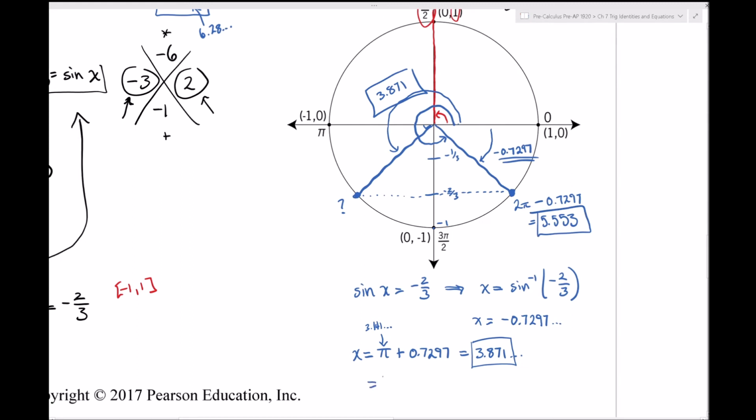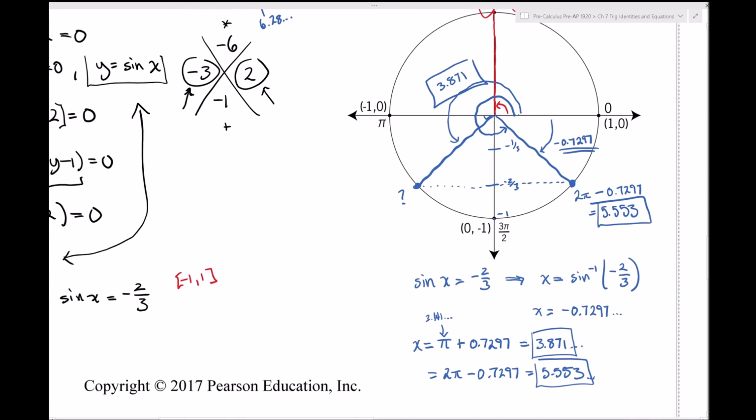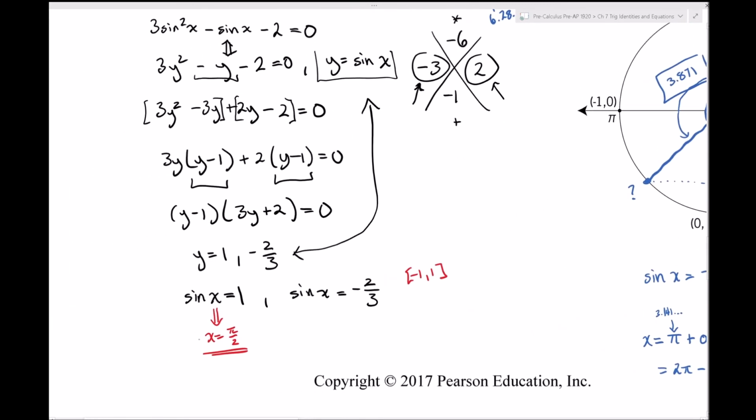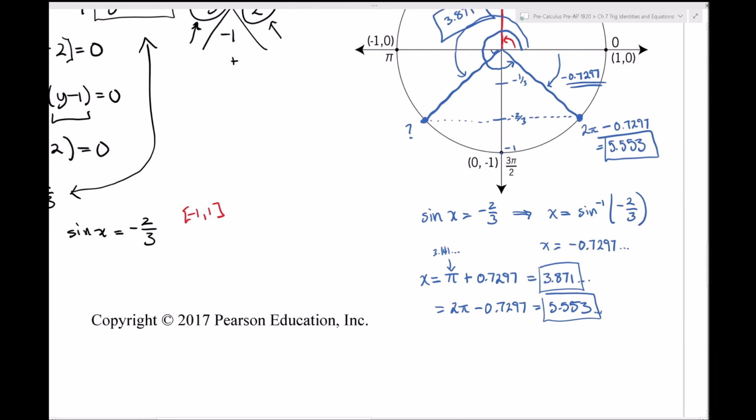So the other answer was 2 pi minus 0.7297, which was about 5.553. Keeps on going. So those are all of my answers. This one here, plus those other two.